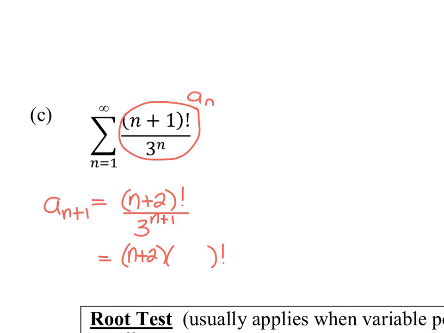What's a number that's 1 less than n plus 2? N plus 1. For the exponentials, you're basically undoing keep the base out of the exponents. So 3 to the nth times 3 to the first.